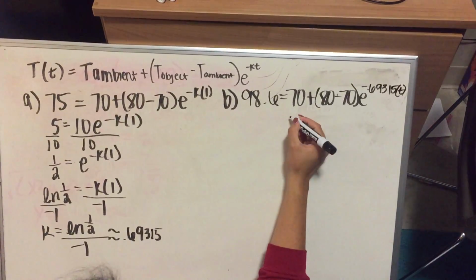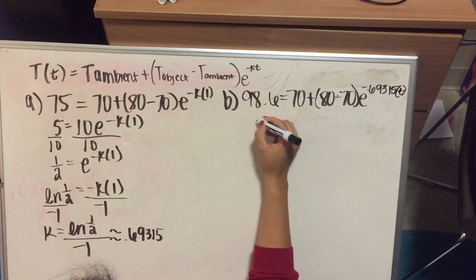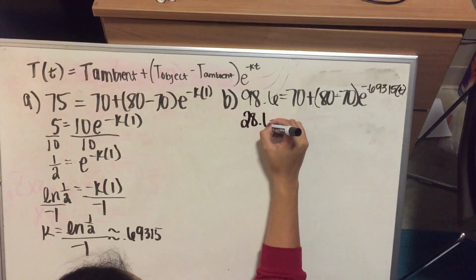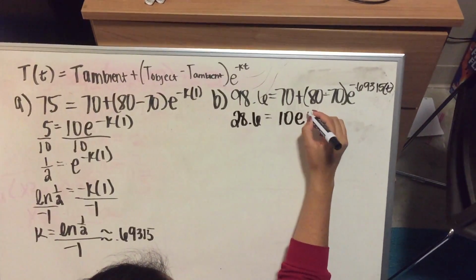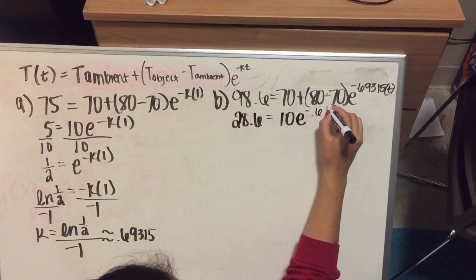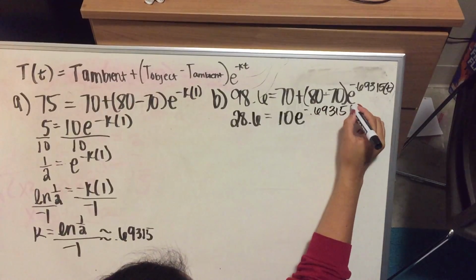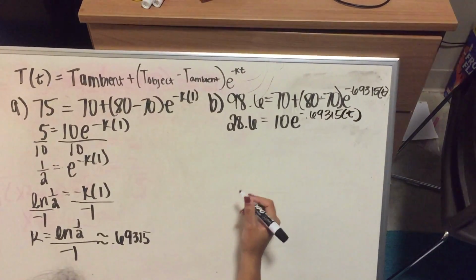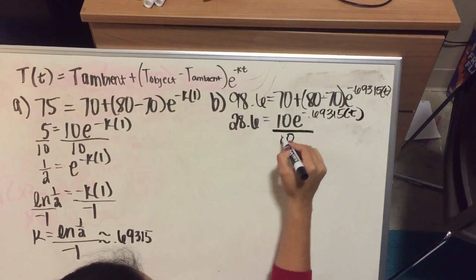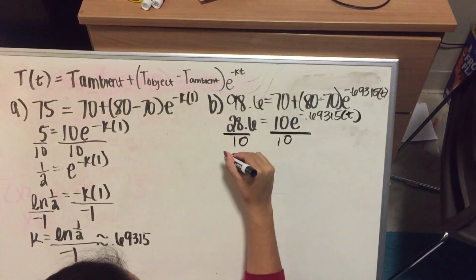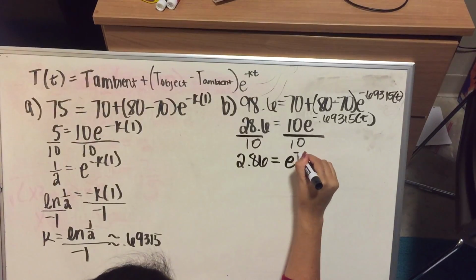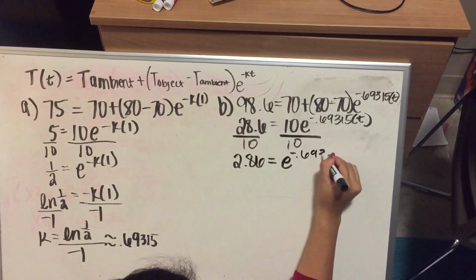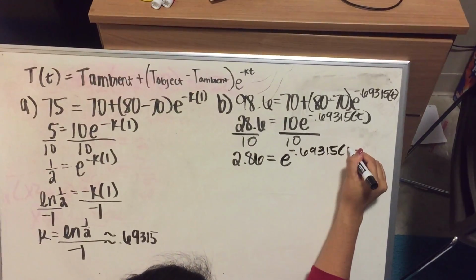And we're going to subtract 70 on both sides and get 28.6 equal to 10e to the negative 0.69315 times t. And again, divide by 10 on both sides and get 2.86 equal to e to the negative 0.69315 times t.